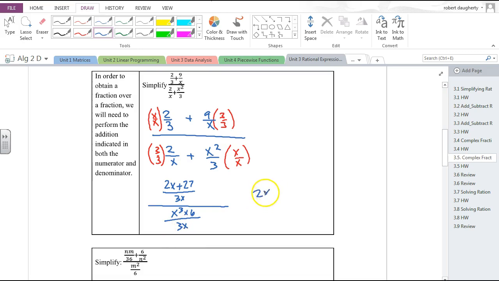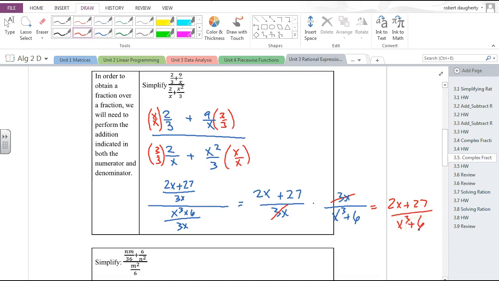This is 2x plus 27 over 3x times what? Yeah, 3x over x cubed plus 6. Okay. And then 3x divided by 3x is what? This is 1. So your final answer here is 2x plus 27 over x cubed plus 6.